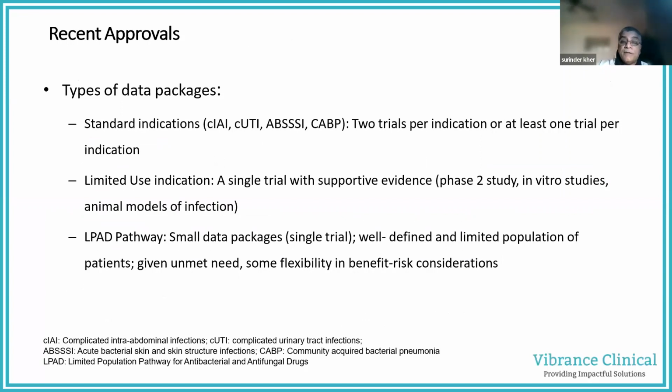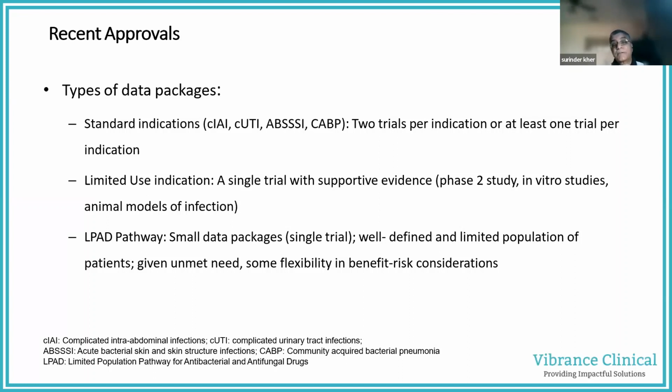Now, of late, in the recent approvals, if we look at the types of data packages that have been generally standard and accepted, they have been basically on standard indications, as we said, community-acquired UTI, complicated UTIs, and community-acquired pneumonias.